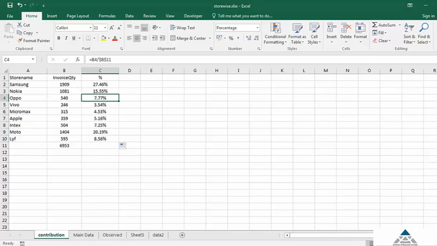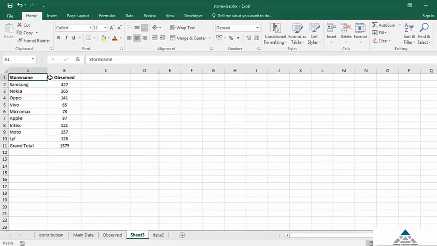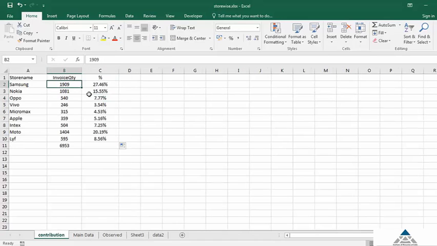This is the data we picked, and upon summarizing, the observed sales pattern for the store came out to be this. Samsung has 427 units sold in the sample, whereas in the population it was 1909. But the value of interest for us is the percentage of units sold.